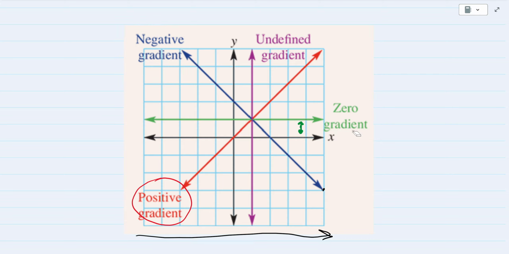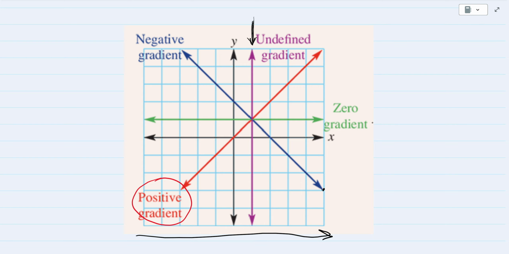Which then leaves our last gradient, the undefined gradient, which runs perpendicular to our x-axis, so parallel to our y-axis. That is an undefined gradient because we can't have a gradient that is perfectly vertical. We don't know the value of it. So undefined gradient, always perfectly vertical. Our zero gradient, always perfectly horizontal. So both of these run parallel to the axes.